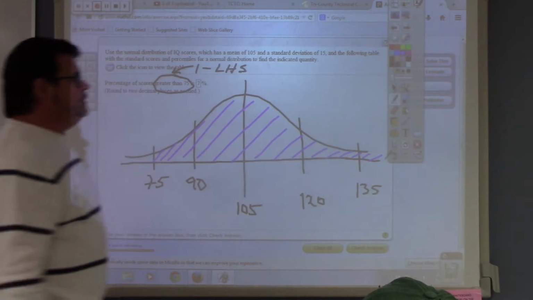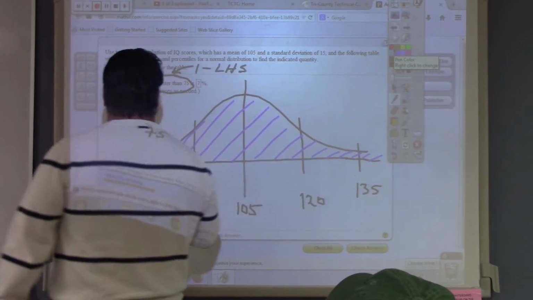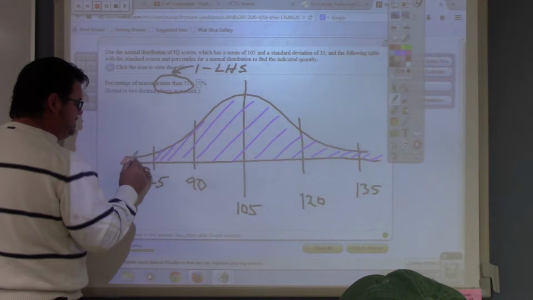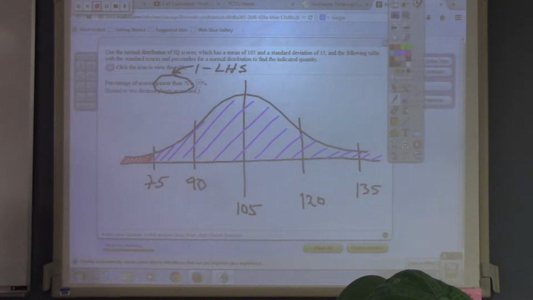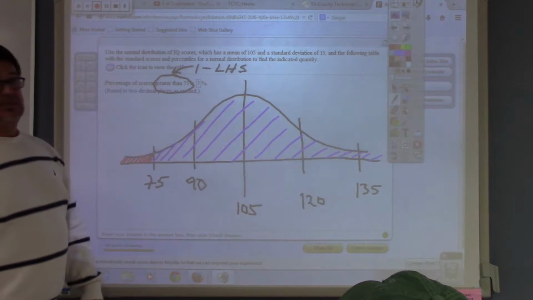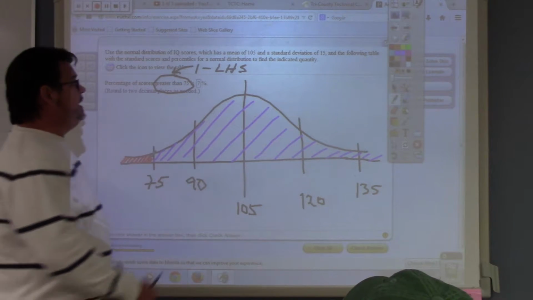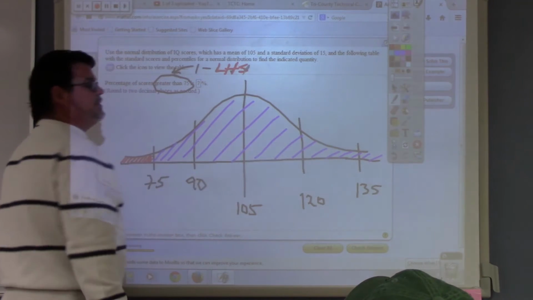But the table gives us what? The table gives us the left-hand side. So if the table gives us the left-hand side, how are we going to find the right-hand side? 1 minus the left-hand side, which is the red marks. So that's what the table gives us.